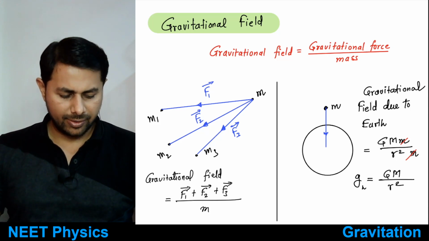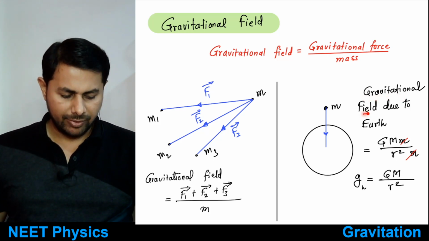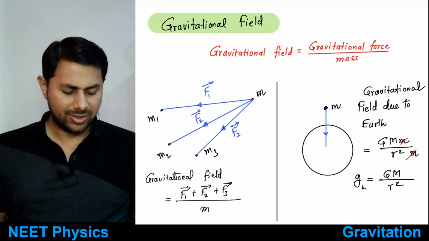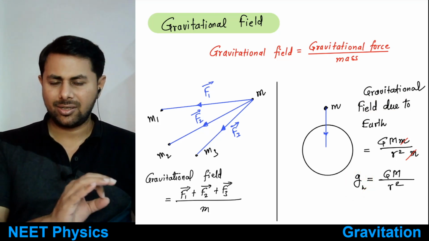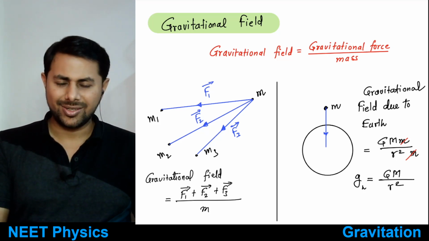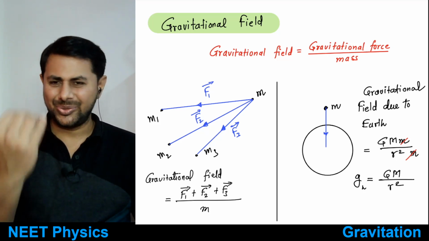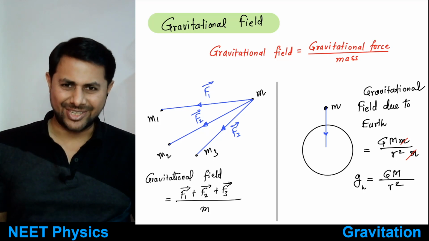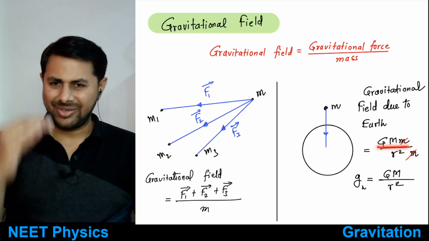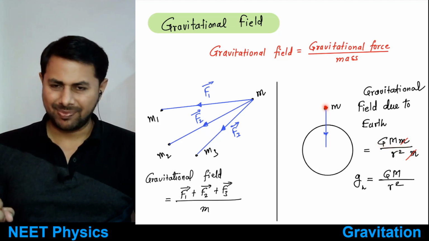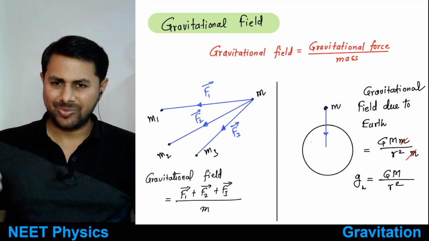Okay, then the gravitational field due to earth. What is gravitational field due to earth? So it is just the gravitational acceleration of an object due to the gravitational force of earth. Again, gravitational force. So suppose you have this mass m. What is gravitational field of earth?